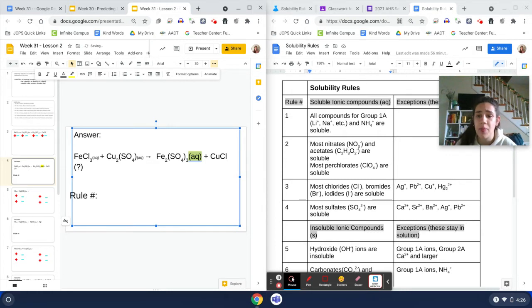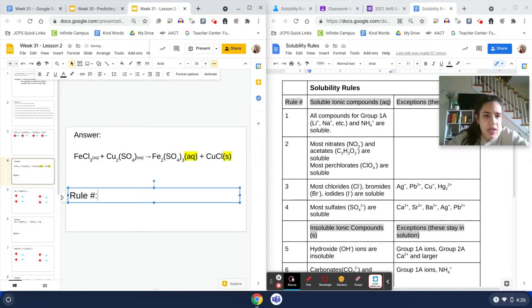Copper is an exception to this rule. So since copper is an exception, that gives us insight that CuCl, copper(I) chloride, is actually a solid compound. It is a precipitate. So the rules we used for this process are rule 4 and then rule number 3.